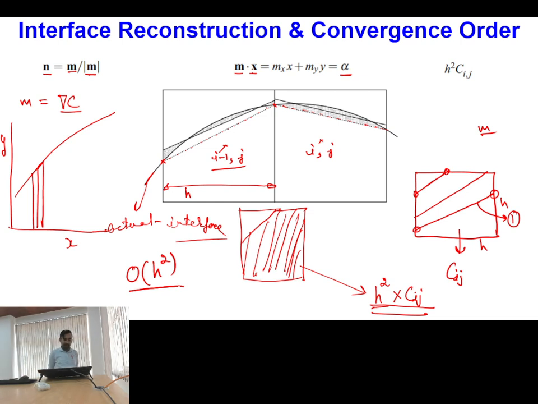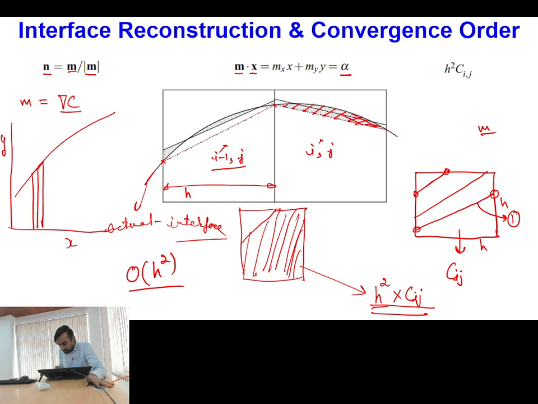Now, if you assume that this line is reconstructed by the trapezoidal rule, how much difference of area will there be between the actual curve and the trapezoidal approximation? This is something you can see over here on the right hand side.